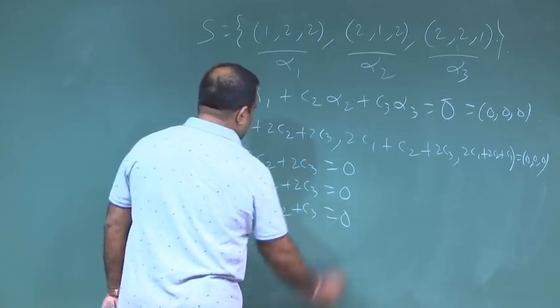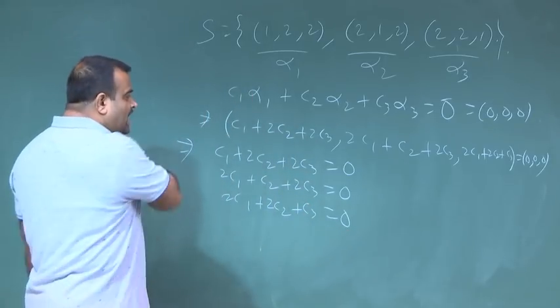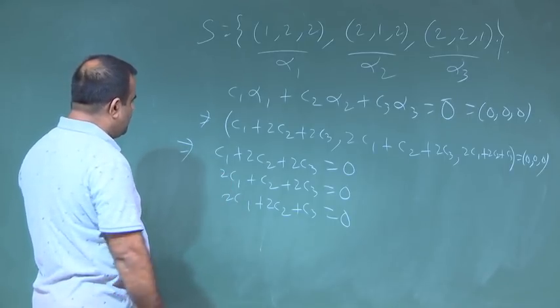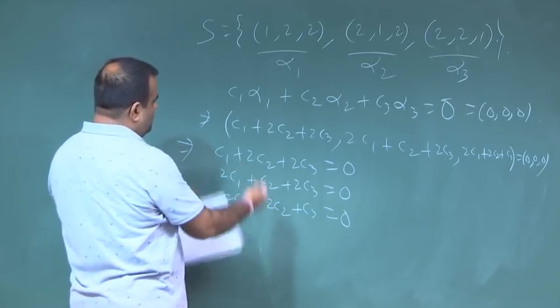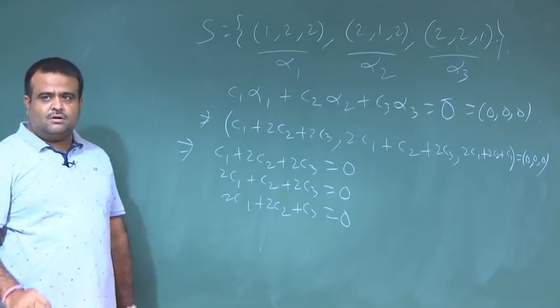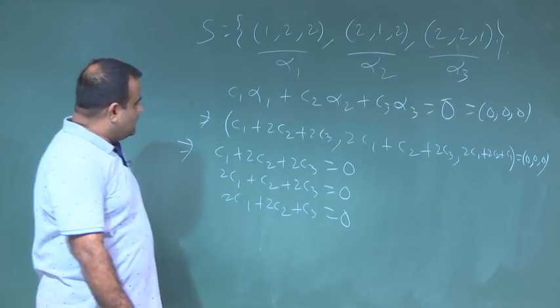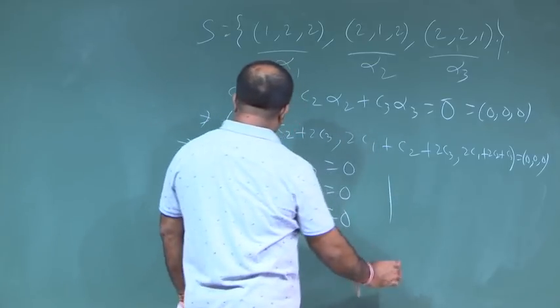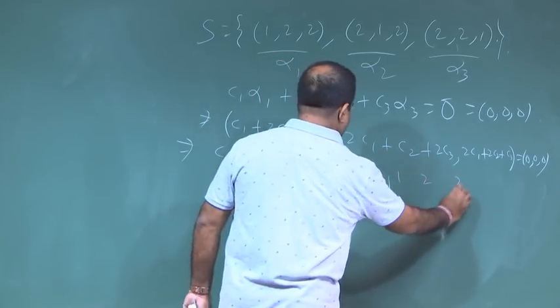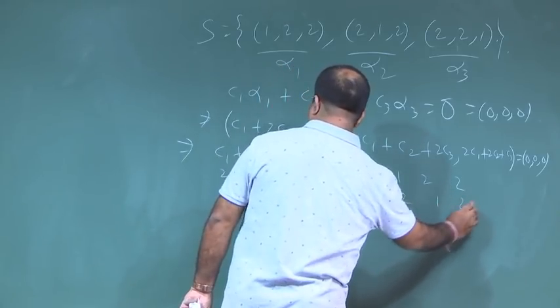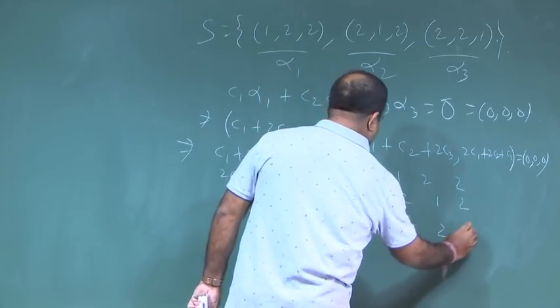Now if we write this in matrix form, this is a linear equation. We can use Cramer's rule also, because this is a homogeneous equation. Then the determinant is basically 1 2 2, then 2 1 2, 2 2 1.